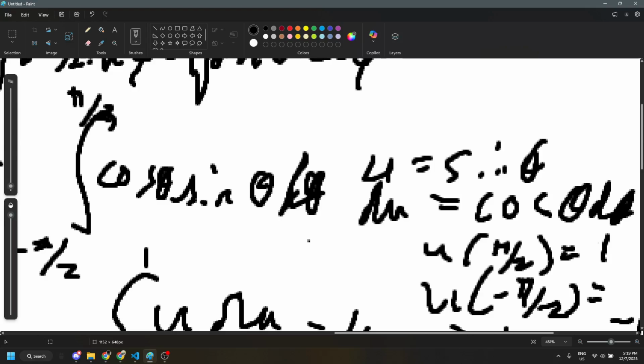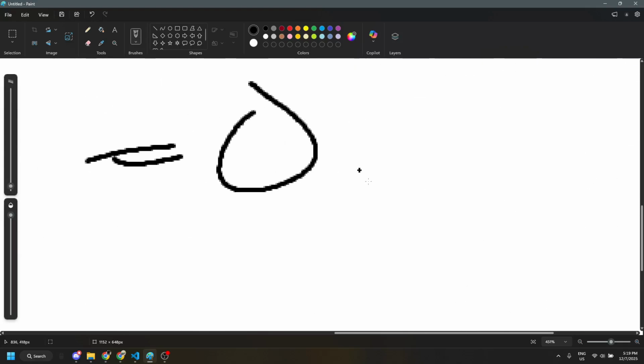I'll check, but I believe that's right, that the entire integral goes to 0. Yeah, it's not true. What did I do wrong?